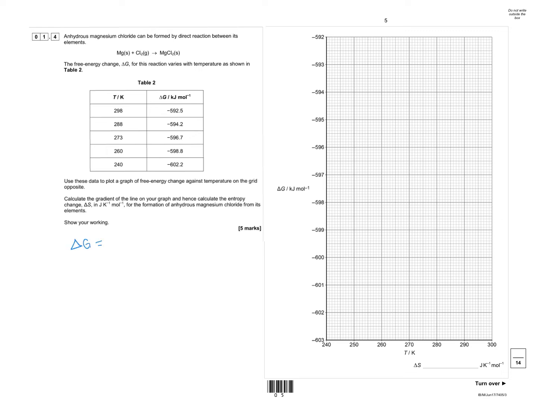If we remember first of all that delta G is equal to delta H minus T delta S, what we can see is if you plot delta G on the y-axis and the change in temperature on the x-axis, you will form a y equals mx plus c relationship, so a straight line graph, where m, the gradient, is going to be equal to minus delta S.